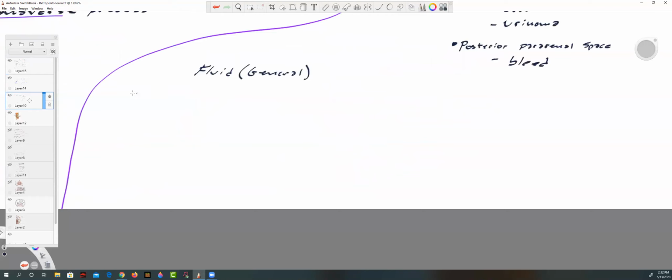Anyway, so fluid in general. In other words, a lot of these spaces up here could have any of these. So there's the hematoma. Obviously they can be caused by trauma. Well, let's write that down. Trauma.